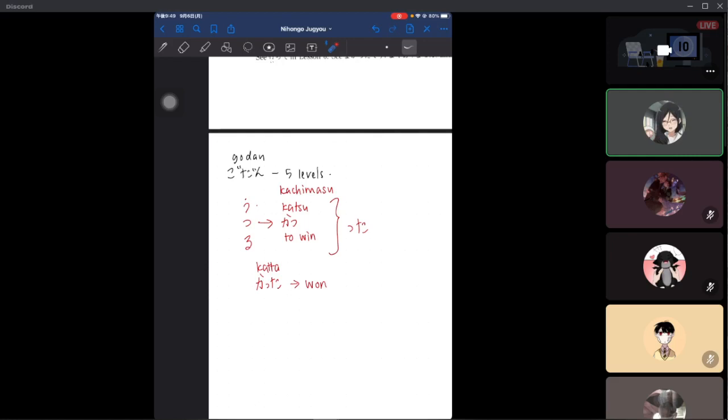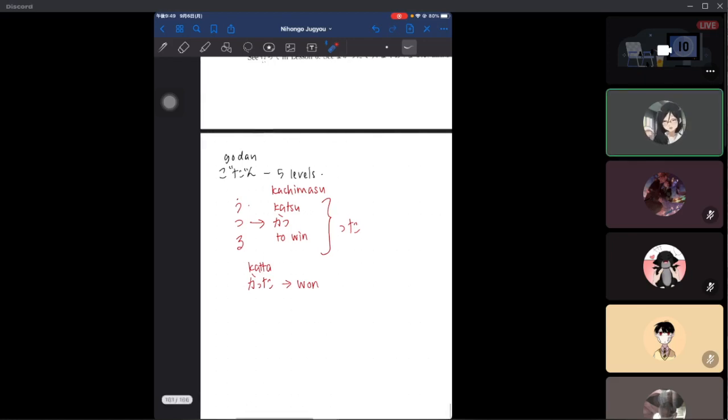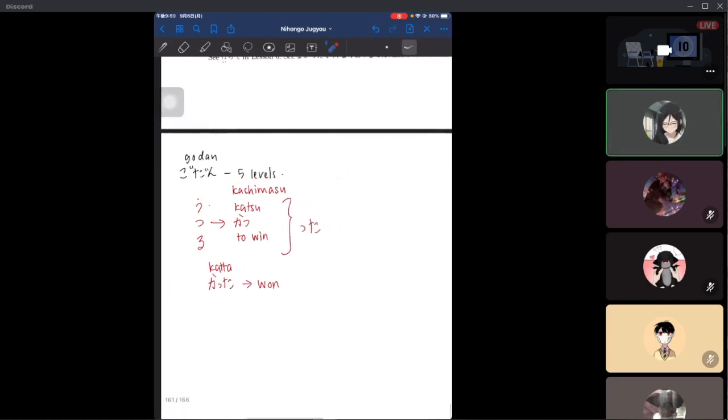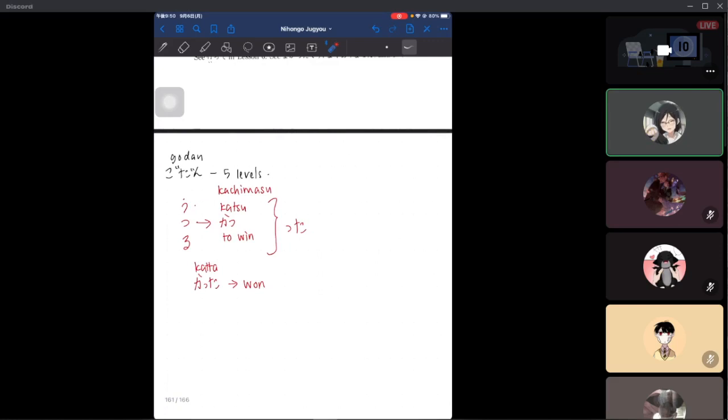So that is for the first group. This one is all under godan, which is the 5 level. The next one is mu, nu, and bu.